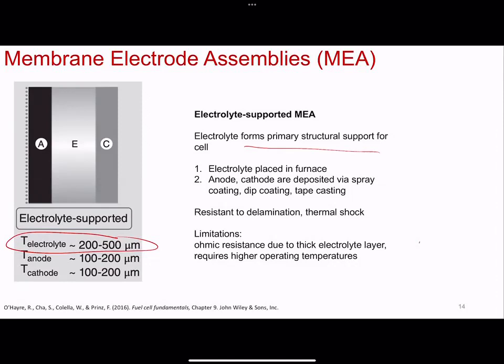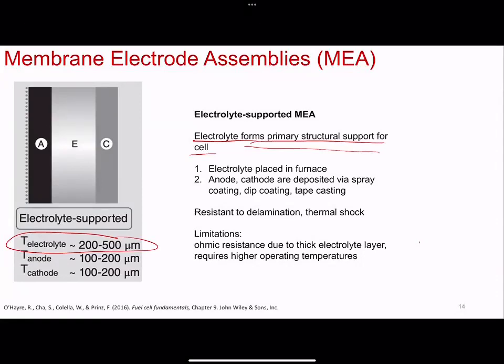It now has to be strong enough so that your entire assembly doesn't crack. So not only is it an electrochemical material, as in it's responsible for the ionic conductivity in your fuel cell, but it becomes a structural component. So that's something important to keep in mind.